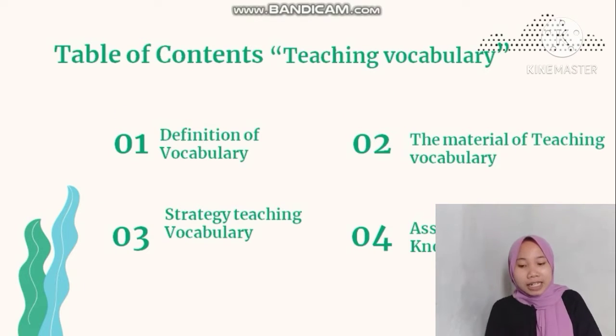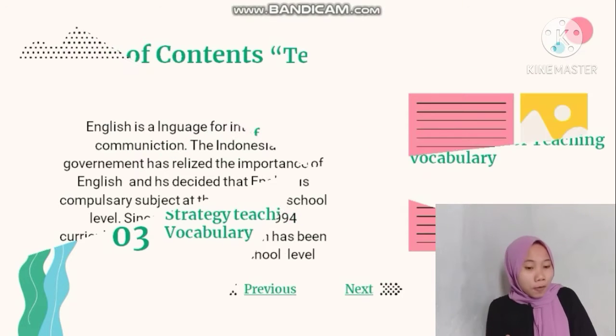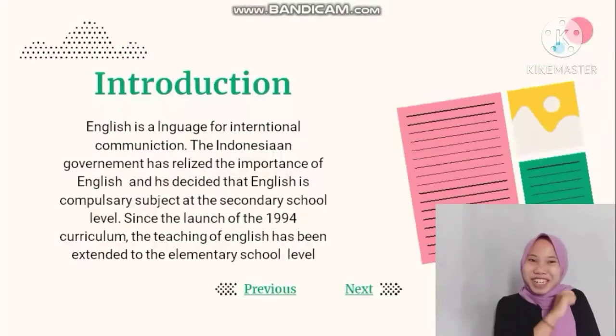Okay, and the next, there are two main topics: teaching vocabularies and teaching pronunciation. And this is the table of contents for teaching vocabularies. Number one is the definition of vocabularies, number two is the material of teaching vocabularies, the third is strategy of teaching vocabularies, and the last is assessing vocabulary knowledge. So check it out.